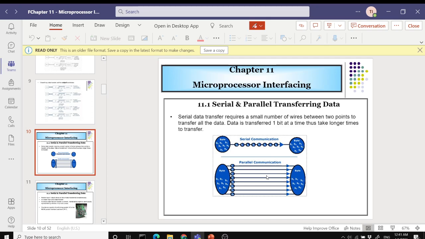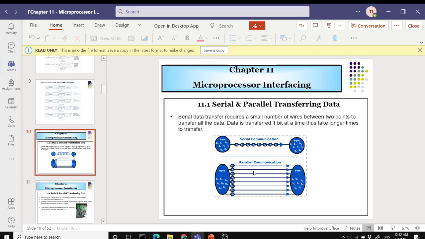But nowadays it is very hard for you to see this parallel port, because everything has switched to serial communication. Your USB, your Thunderbolt, everything now is serial because it is much easier and much more compact, and doesn't require a large cable.